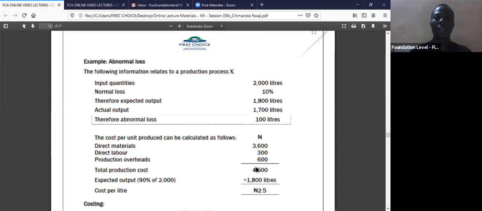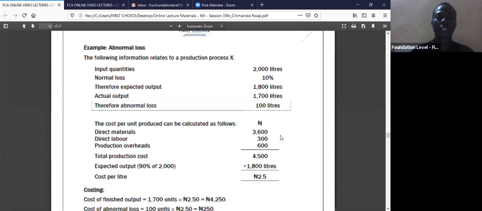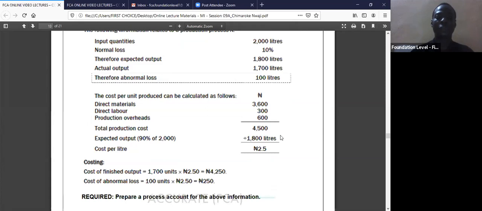And I see here that the actual output is 1.7, the expected output is 1.8. So you see it is less than normal. So abnormal loss here is 10. And we now said that 2.5 is the cost per liter because we are using total expected output.